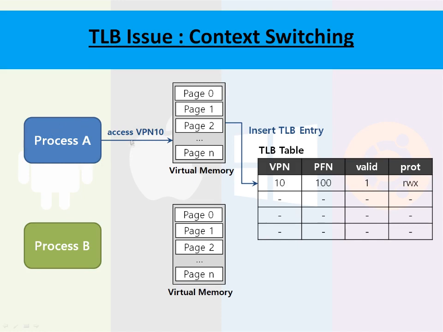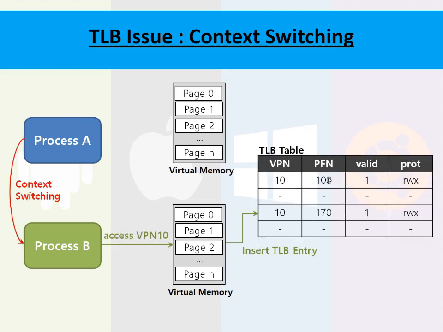So here we have process A, which accesses VPN 10, and then we insert that translation into our TLB, and it was translated into page frame number 100, and it was valid, and there was protection, read, write, execute, which is not too necessary. And then a context switch occurs. We shift from processing process A to processing process B, which has its own address space, and that address space also has the same page numbers.